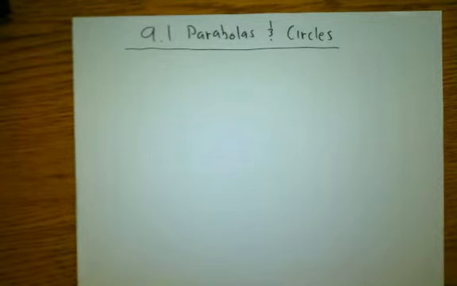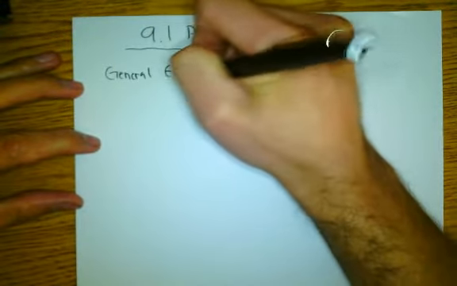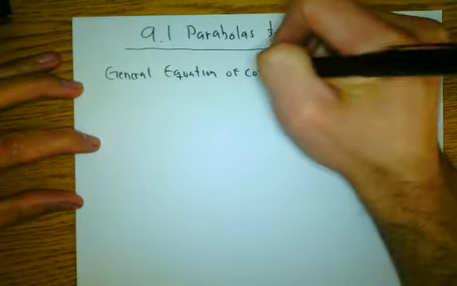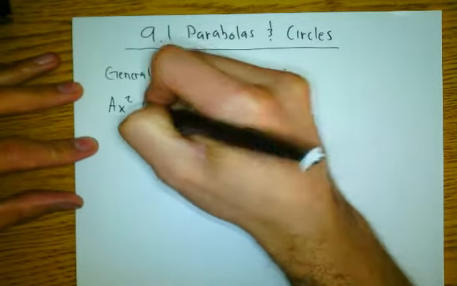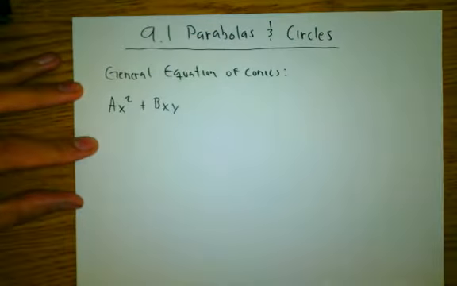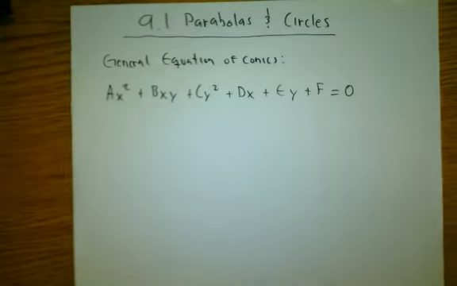Cool? The first thing that I would like to start with is giving you the general equation of what a conic is. So the general equation of conics has this form: ax squared plus bxy plus cy squared plus dx plus ey plus f is equal to 0, where a, b, c, d, e, and f are elements of the real numbers.